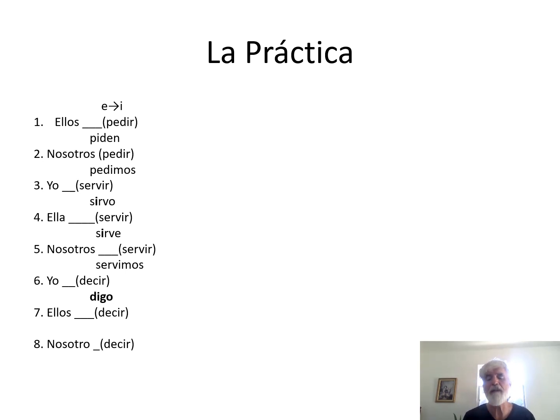Of course. And the E will go to I. So it's ellos dicen, they say. What about nosotros? Is there a stem change with nosotros? Never. So we're going to keep the original stem. Nosotros decimos, we say. So that does it with stem changing verbs.